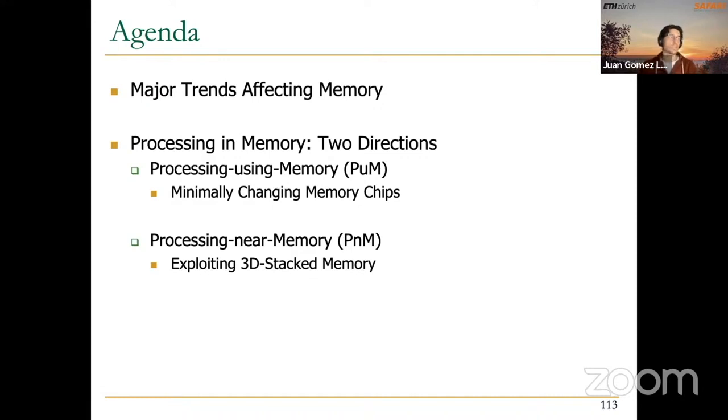Because processing in memory systems enjoy much higher bandwidth, much lower latency, and at least for those applications and algorithms that are clearly memory bound, they solve the problem in some way. That's essentially the key idea of processing in memory. Okay, I hope this answers the question.